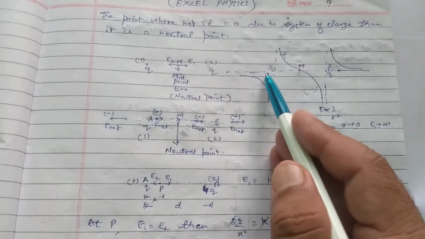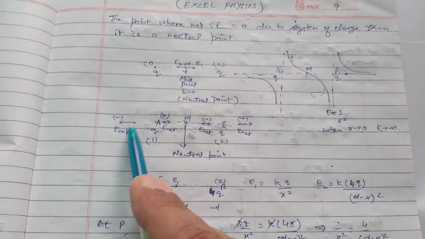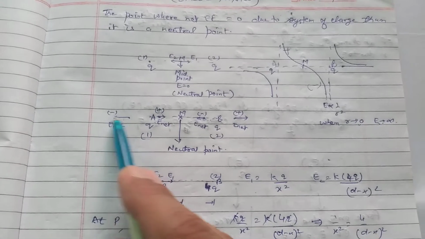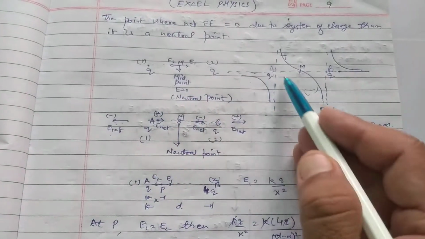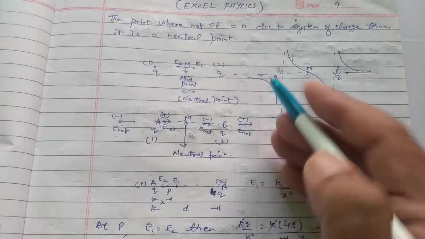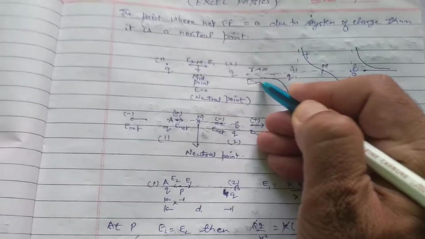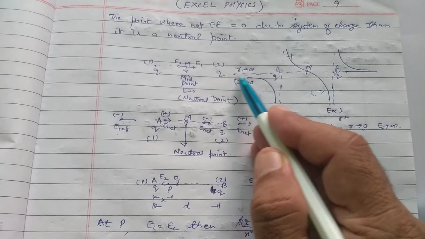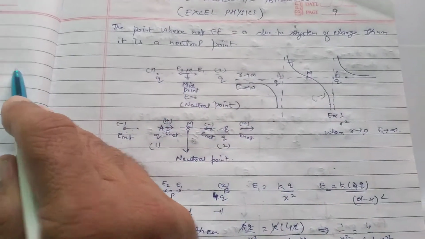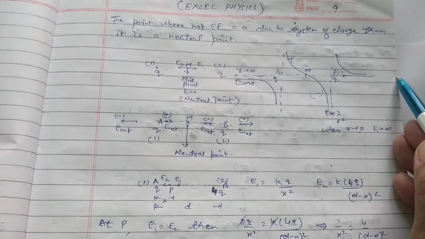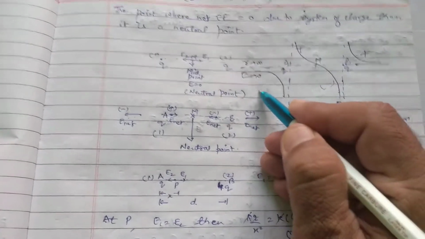But if you take the position in this region, definitely the direction of the net electric field is negative, and it is shown like this. When r tends to infinity, E tends to 0. So the electric field is going to be 0 when it goes to infinity. Similarly, here also the same thing. Here the direction is positive. I am taking this positive and this one negative.